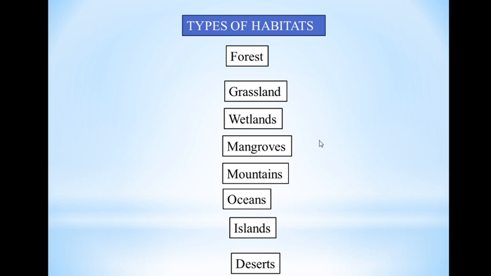And deserts are also a habitat for biodiversity. A specific type of biodiversity exists in the deserts also. We cannot neglect the desert as a barren area. It also has some biodiversity, and we have to protect it.